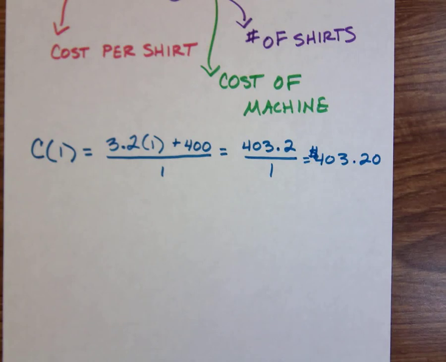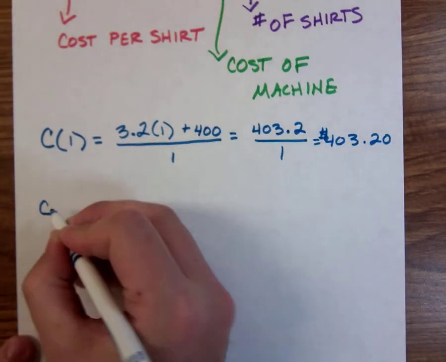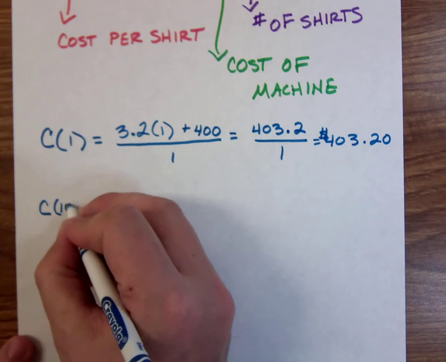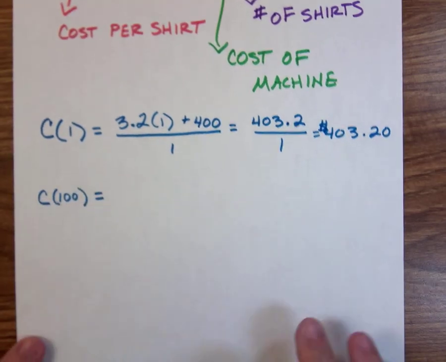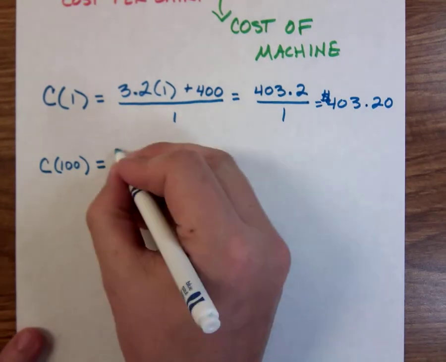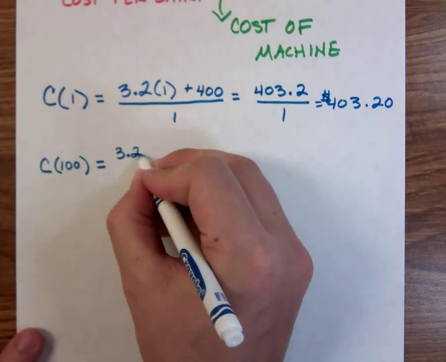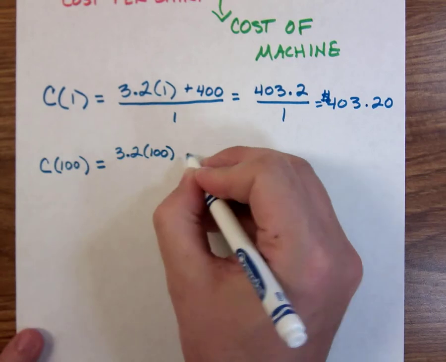So if it costs you $403.20 to make a shirt, how does anybody survive in the screen printing business? Well, it's because you don't buy one shirt. You count on volume. What if I said, oh, you know what? I need a shirt for all of the ladies who are in my fan club, so 100. 3.2 times 100 plus 400.